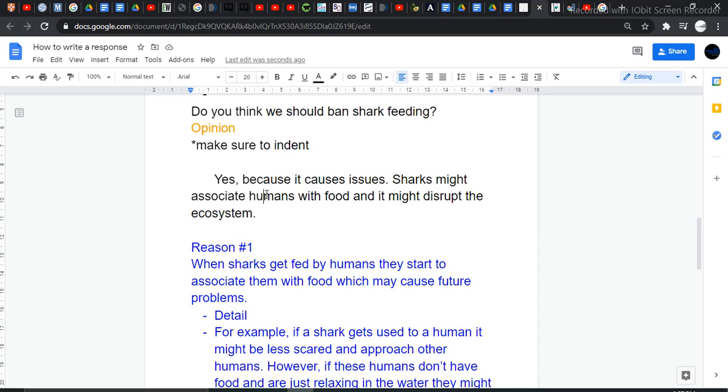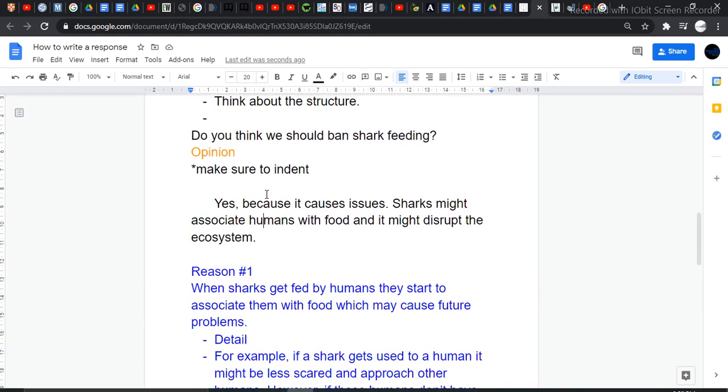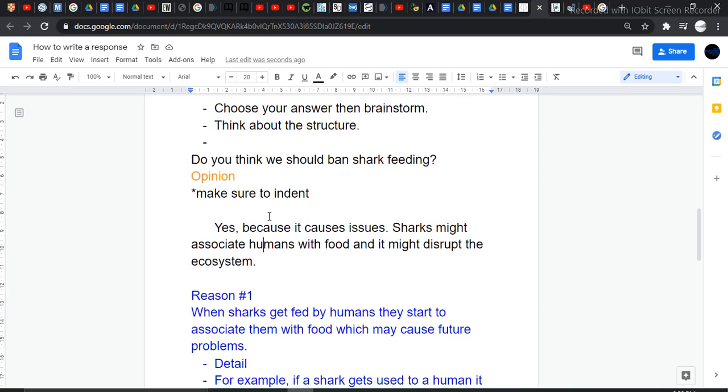However, it could cause many negative issues, and I think that shark feeding should be banned. It should be banned because sharks might start associating humans with food, and it might disrupt the ecosystem, which could have really negative impacts. So that's the intro opinion.